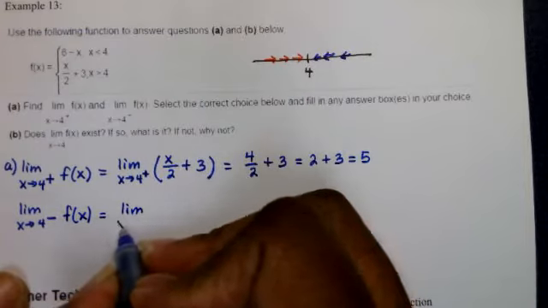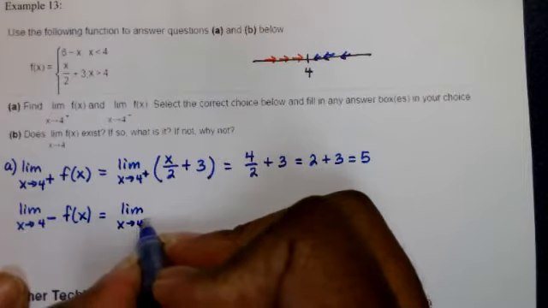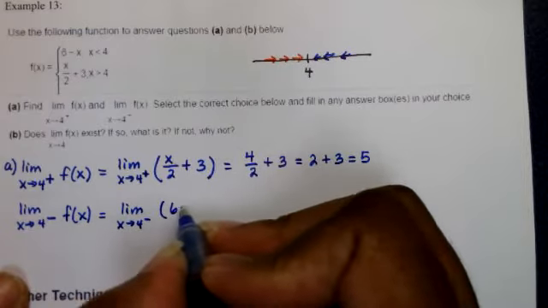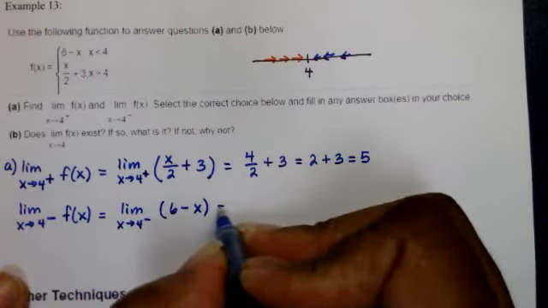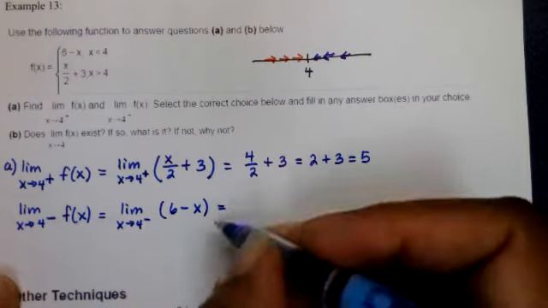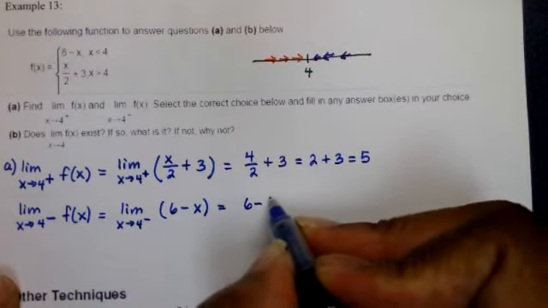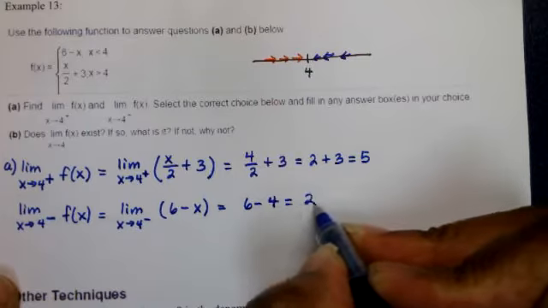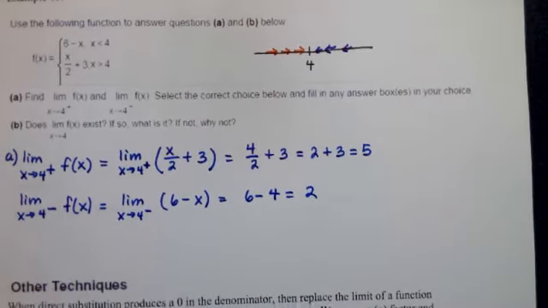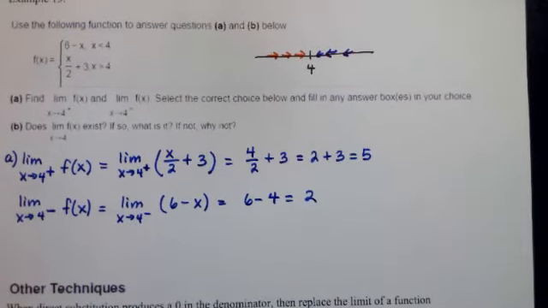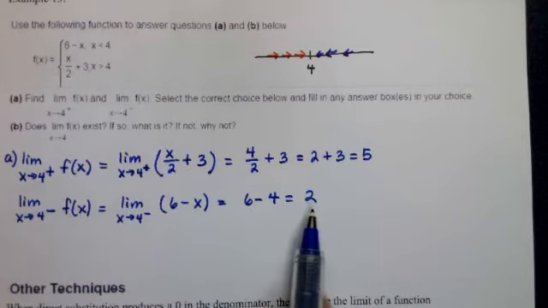So here the limit as x approaches 4 from the left, that would be the 6 minus x. And here your x is going to be 4, so that'd be 6 minus 4 ends up being 2. So as we approach 4 from the left, this function would be 2.